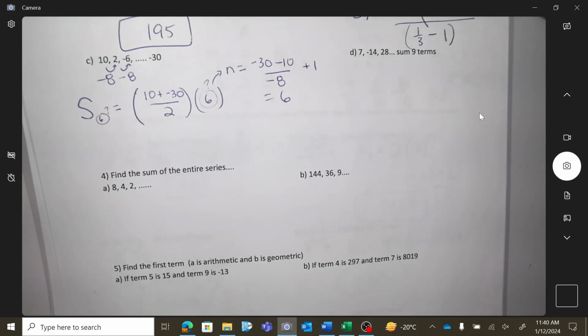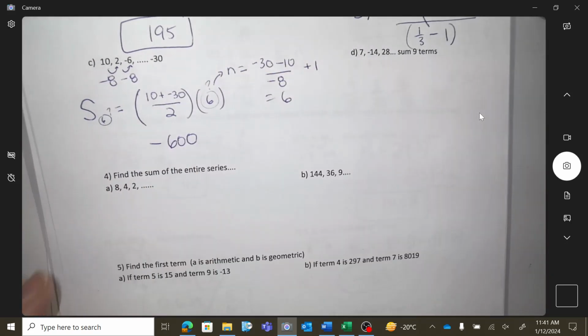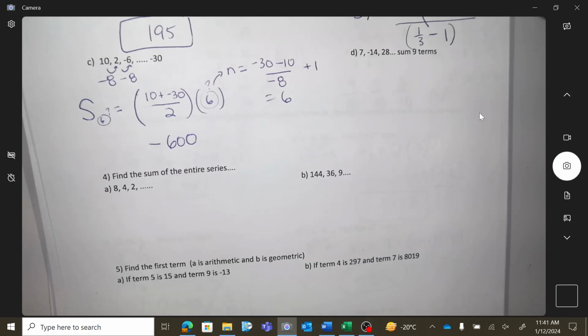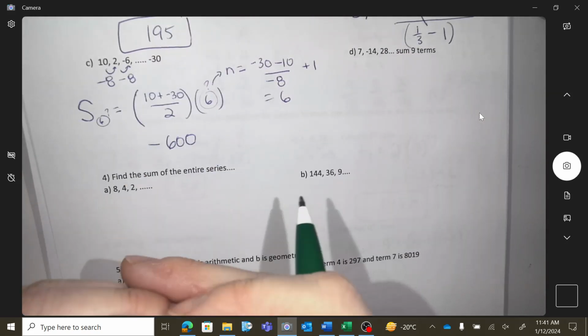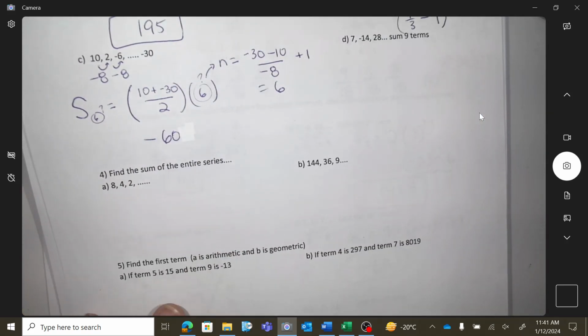Okay, again, if you're getting weird things on a test like 20.5 terms, that's wrong. Can't do that. If you get negative 100 terms, that's wrong. Can't have negative. Did you get negative 60?